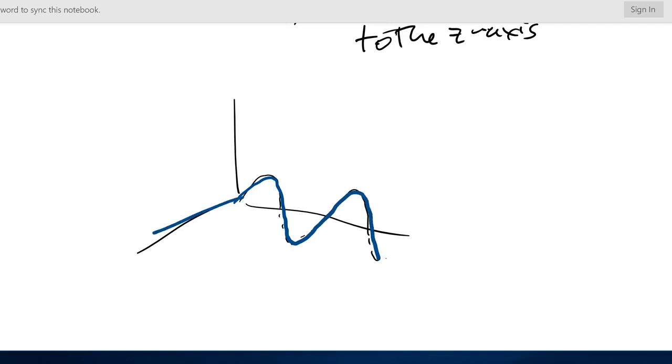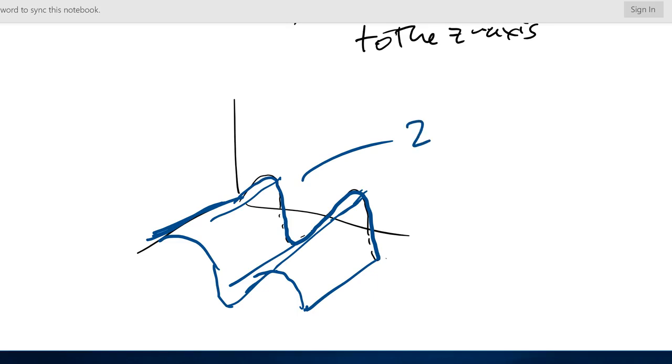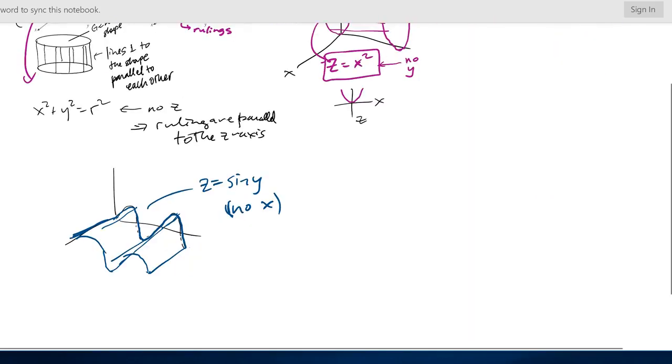Now if the rulings are parallel to the x-axis, like this, then we have another sine curve here. That's kind of hard to draw, but you get the idea. This one would be z equals sine of y. There's no x because the rulings are parallel to the x-axis, just like we wrote before. So that's cylinders.